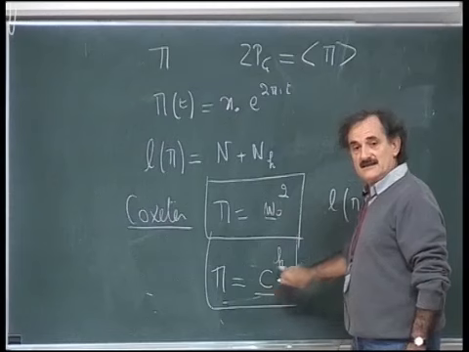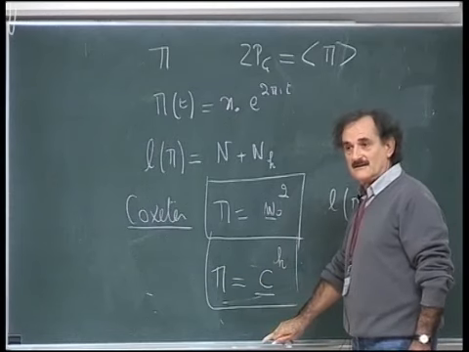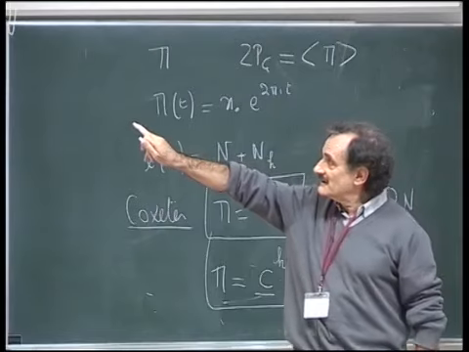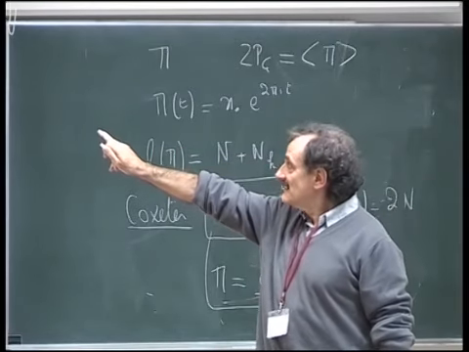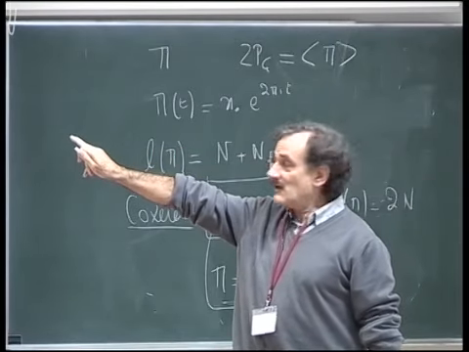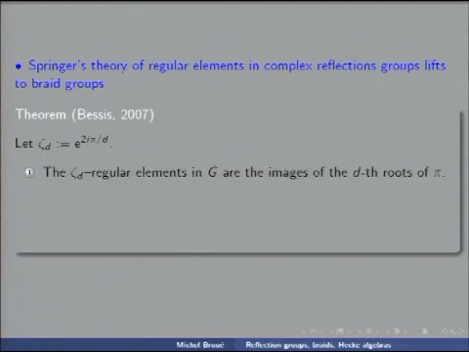C is an h-th root of pi. Now what Bessis says is that the regular elements are just the image in G of this root of pi. So for example, the image of underline W naught in G, which is W naught, is a 2-regular element. A Coxeter element is an h-regular element, etc., etc. Okay?